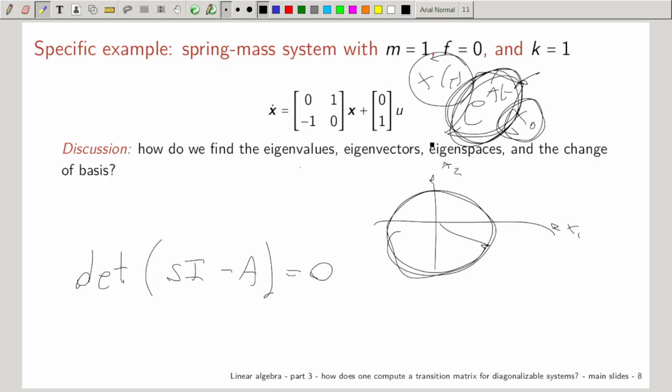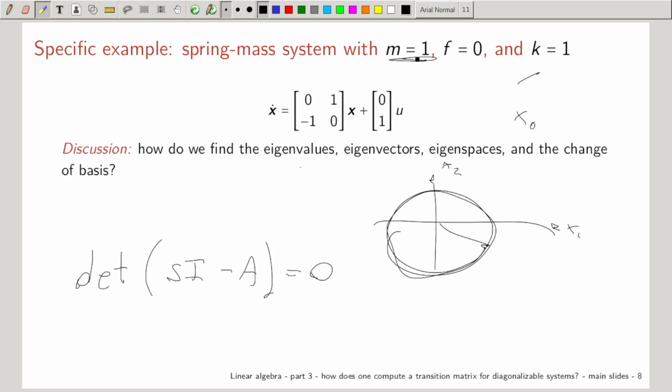Question. But how did you get to the fact that they were going around like in a certain way? It's a spring mass system with mass 1, friction 0, and coefficient 1. No, but we should check e^(At). Of course.